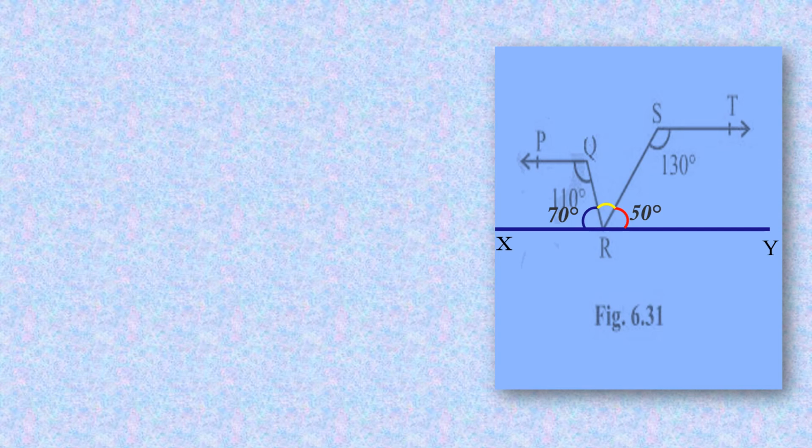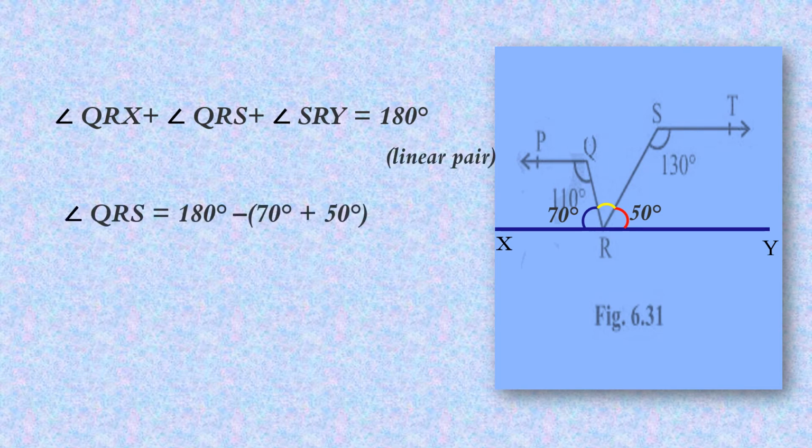So we need to subtract 50 plus 70 from 180 degrees. Shall we write? The sum of these angles is equal to 180 degrees. We already know two values, that is 70 and 50. Add those and subtract from 180 degrees. So we get angle QRS is equal to 60 degrees.